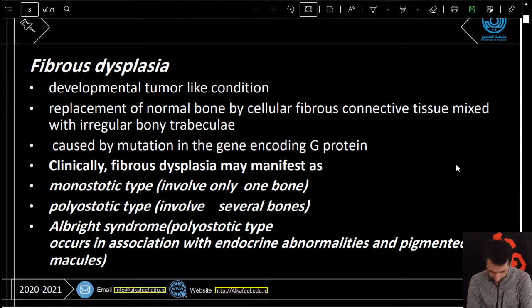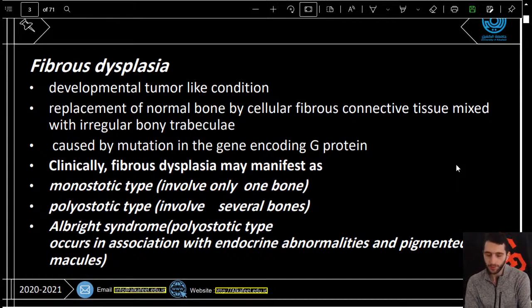Albright syndrome, a type of polyostotic fibrous dysplasia, is a mutation of the G protein, with replacement of bone by fibrous connective tissue around irregular bone trabeculae, resembling a tumor-like lesion.